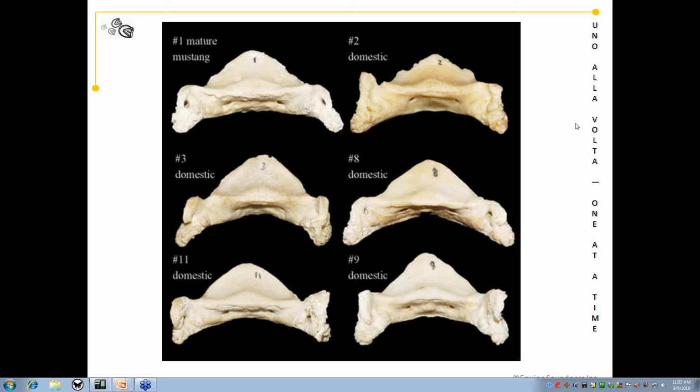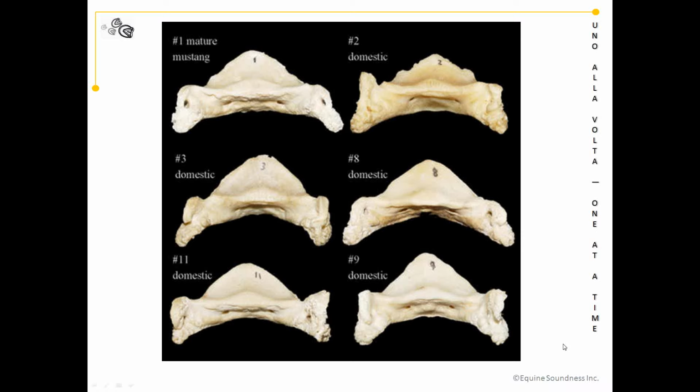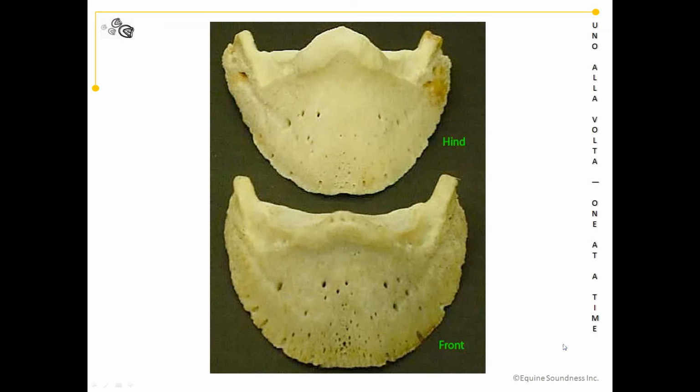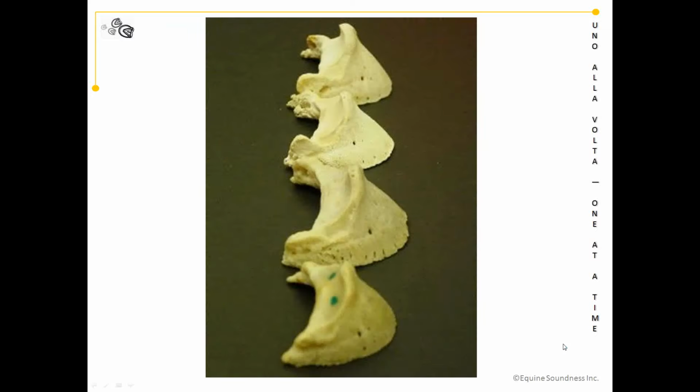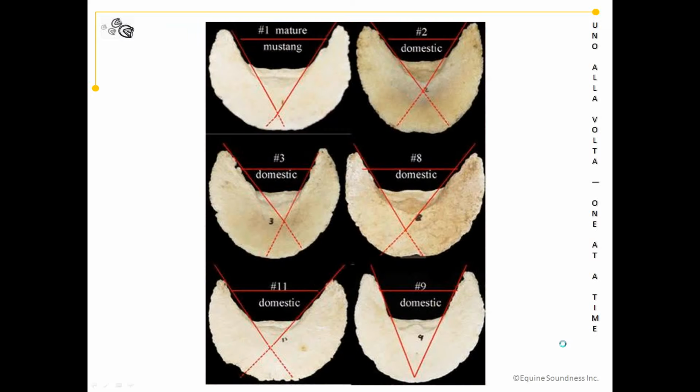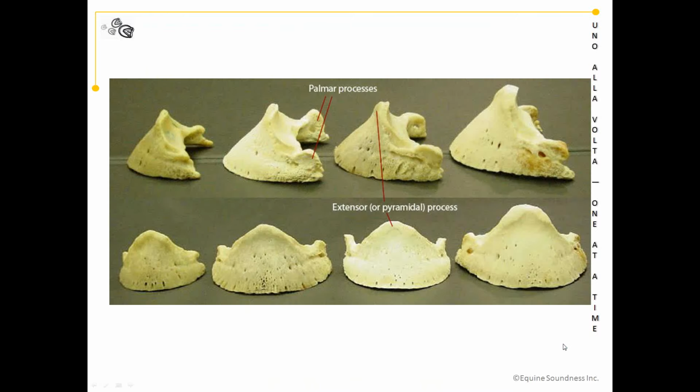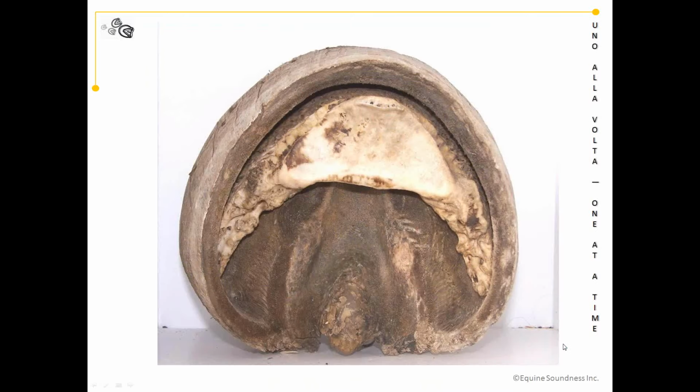I do have a question. I don't know if I can formulate it correctly, but you said something about breeding the hoof form or the hoof shape, and I was wondering if you were referring to the good feet being bred out of our contemporary horses.